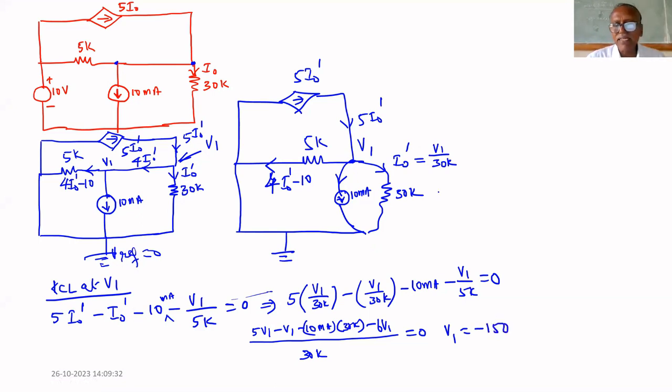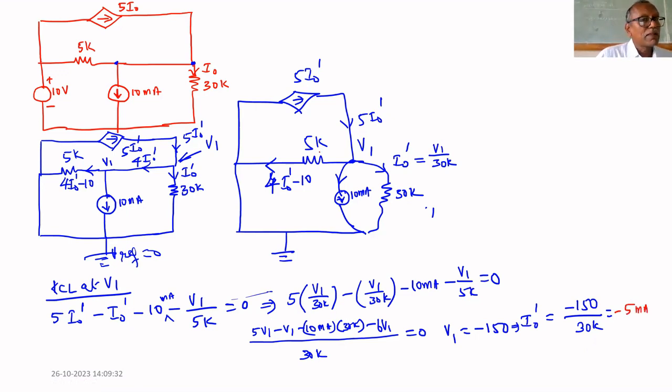Therefore, I0 dash equal to V1 divided by 30K, that is equal to minus 5 milliampere. We got I0 dash.